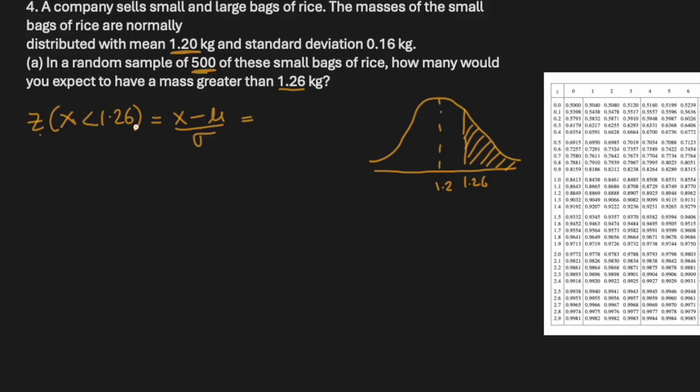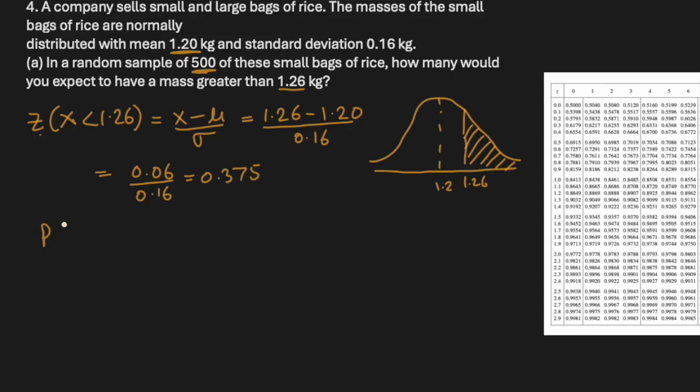X in this case is 1.26, minus mean 1.20, divided by standard deviation, which is 0.16. So it will be 0.06 divided by 0.16. Let's see how much this is. 0.375. This is what we're getting the z-score as.